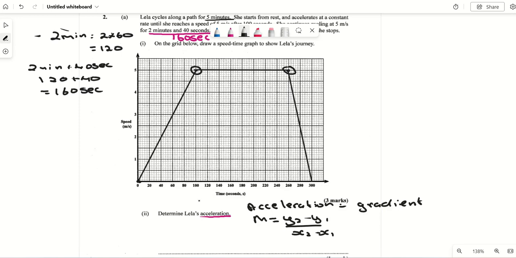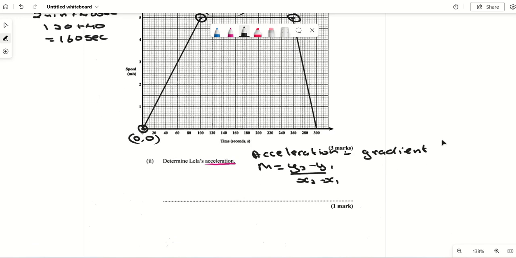I'm going to use 0, 0, and then this top one, which was 100, 5. You could use others, but I'm just going to use the 2 points that are furthest apart from each other. So the 2 points that I'm using are 0, 0, and 100, 5. We choose one to be point 1 and the other point 2.